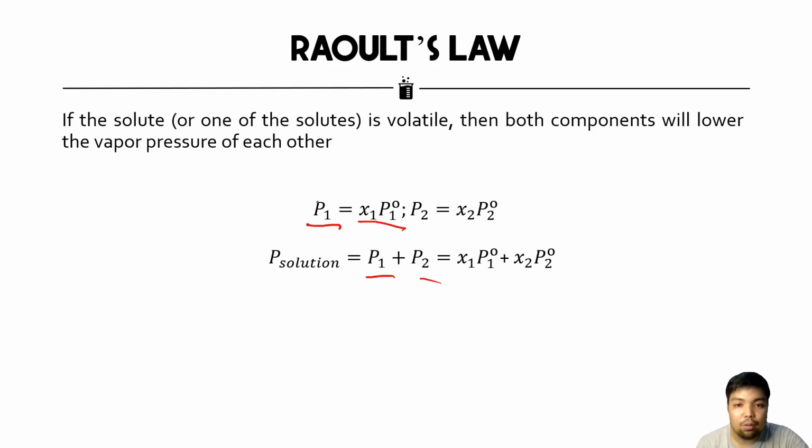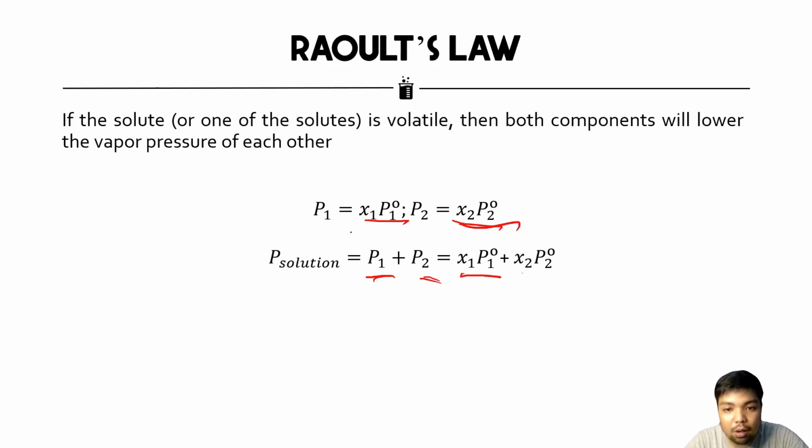Component 2 will also have its own vapor pressure in accordance with Raoult's law. So the vapor pressure of your solution is the sum of the two vapor pressures of your components. So substitute this expression with the one derived from Raoult's law.